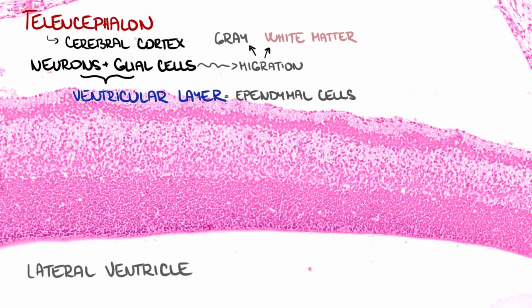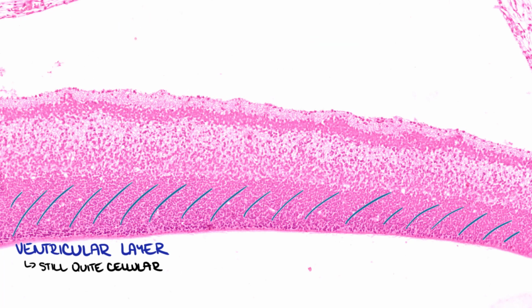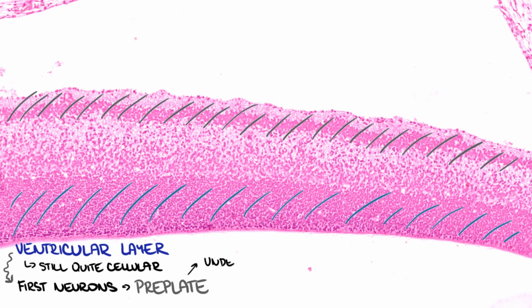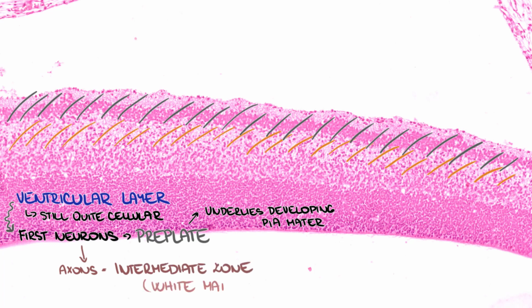In our slide, we can distinguish the aforementioned ventricular zone, which is still quite cellular at this stage. The first neurons produced from the ventricular zone form a superficial layer, the preplate, which underlies the developing pia mater. Axons extend from these neurons and form the intermediate zone, future white matter.